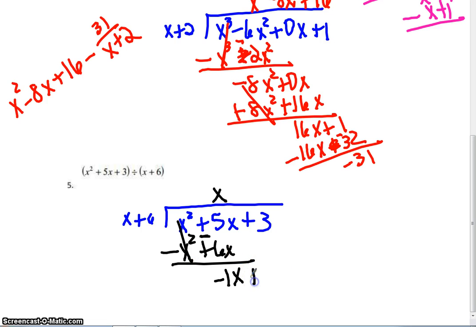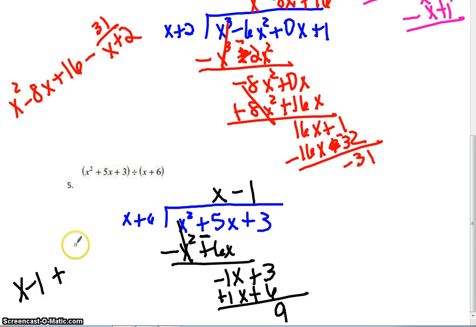These cancel. Bring down your plus 3. Do it again. X times negative 1 gives you negative x. So negative 1x minus 6. Draw a line, change your signs, combine, and you get 9. So your answer here is x minus 1 plus, because it was a positive, 9 over x plus 6.